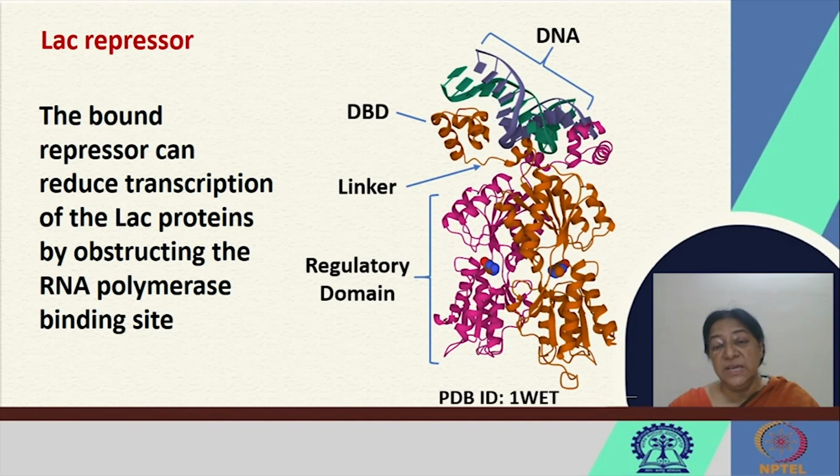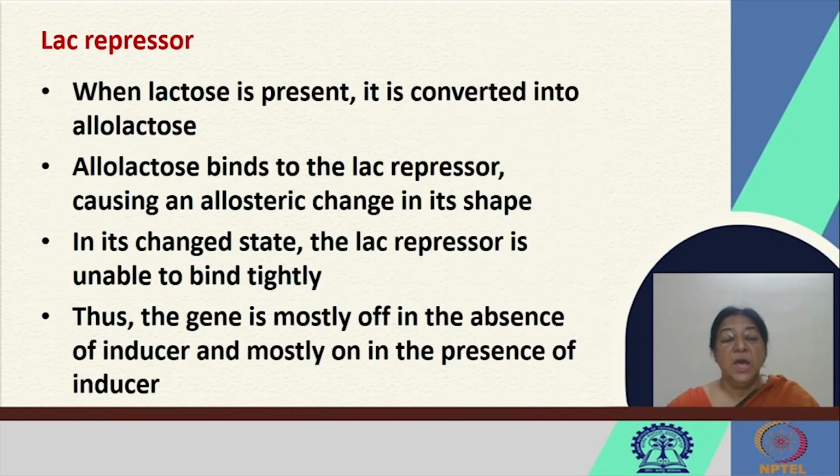This is interesting in the fact that we have a DNA binding domain here. We have a linker that can associate or regulate the DNA binding domain to bind with the DNA, and we have a regulatory domain in addition to this. When the lactose is present, it is converted to allolactose.